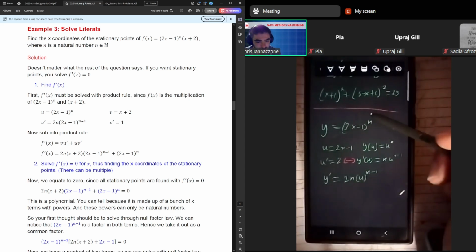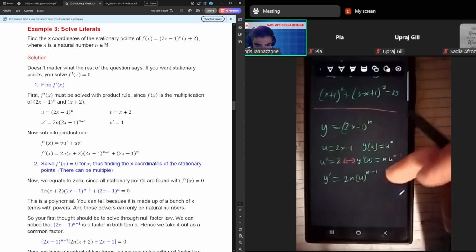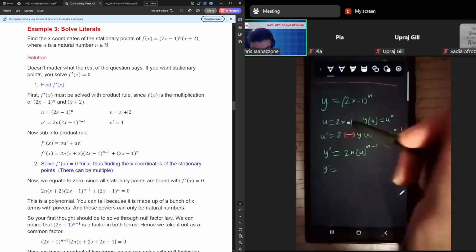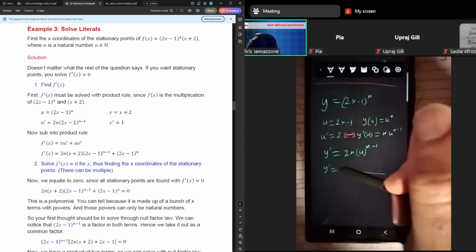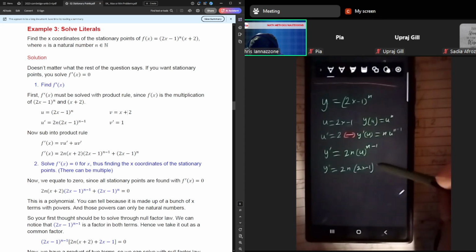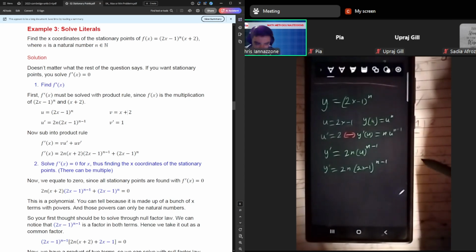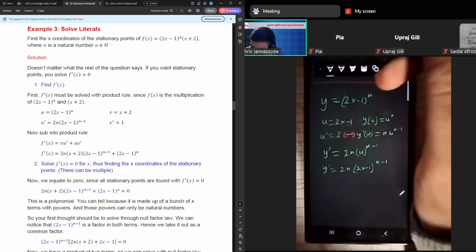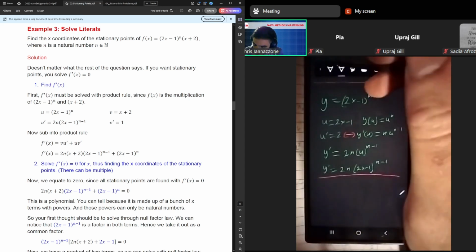In this case, we do have that other n to consider as well. So all we're going to do is replace that u with what it is, which is the 2x minus 1. 2n bracket 2x minus 1, all to the power of n minus 1, and that's what we had on the main screen share with the pre-written notes. That is the full chain rule bit there.